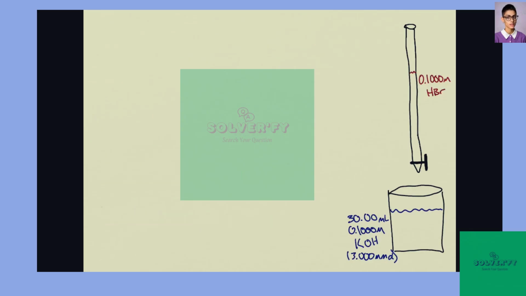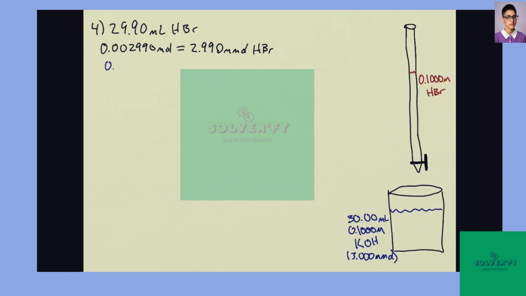Now let's see once a total of 29.9 milliliters of the HBr has been added. Again, solving for moles, we get 0.00299 moles, or 2.99 millimoles of HBr. Then, reacting with the KOH, we end up with a 0.01 millimole amount of the KOH.